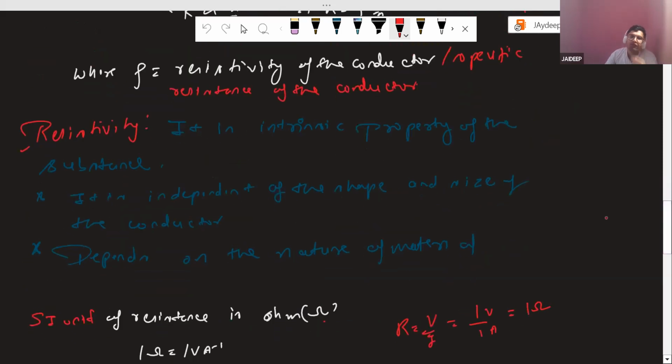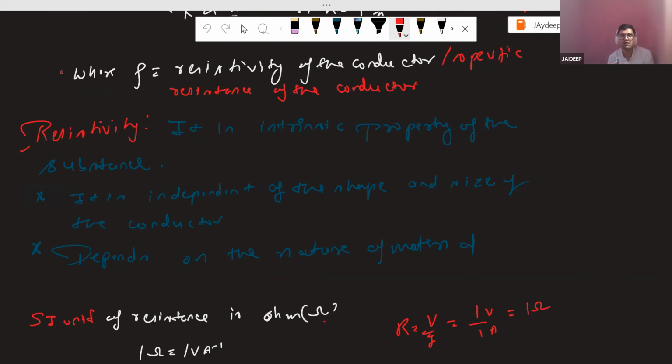Okay, what is the formula for average current, Alan? So delta Q by T. What is the formula for resistance, Farhad?